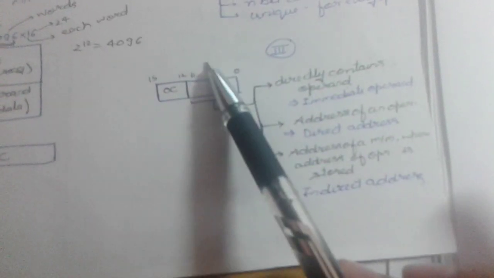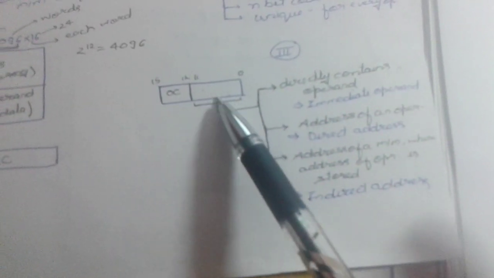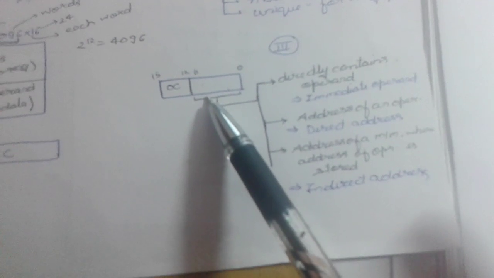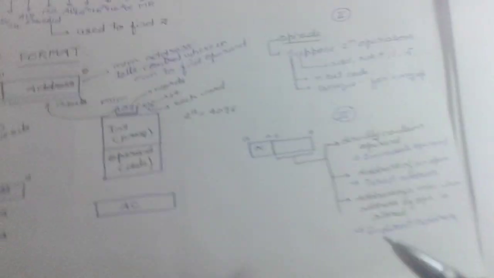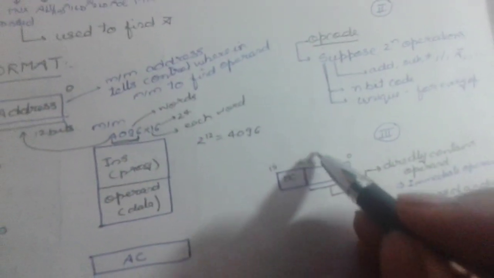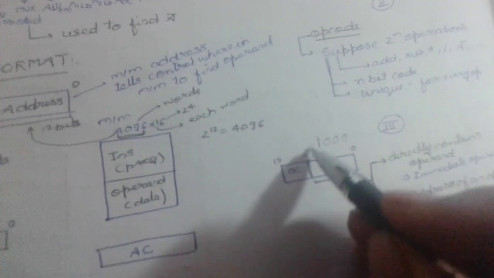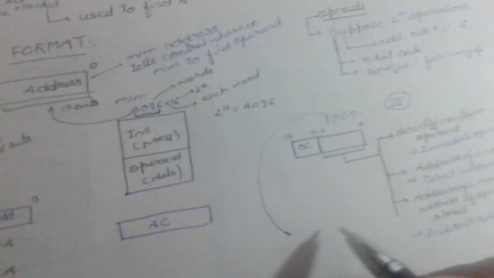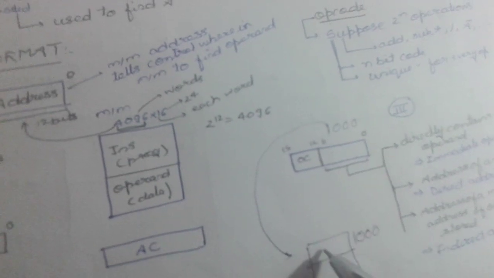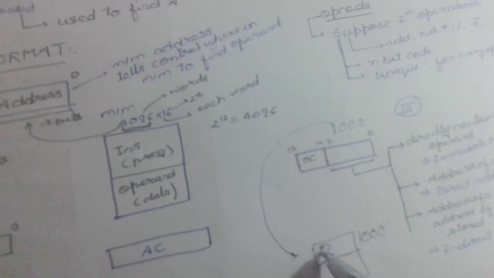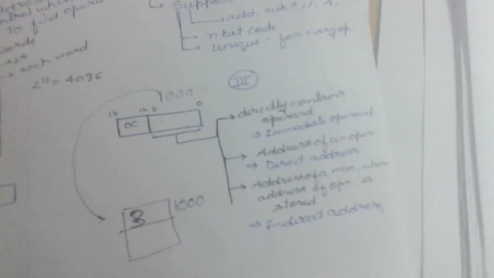It can also contain the address of a memory location. Suppose it has 1000 written in it. Then we go to memory location 1000, and this will contain the data, suppose 3 or 4 or something. This is called direct addressing.